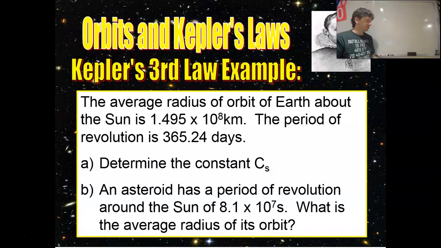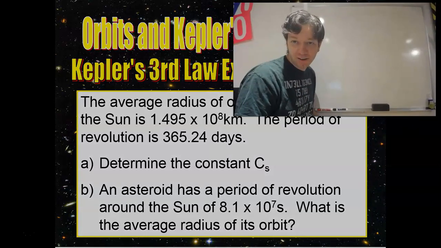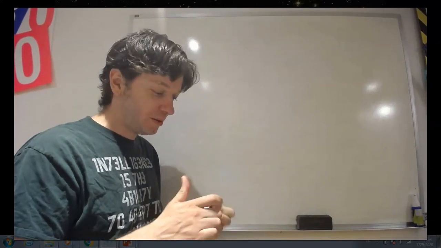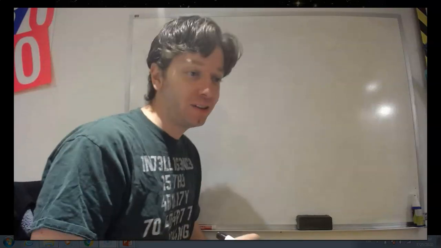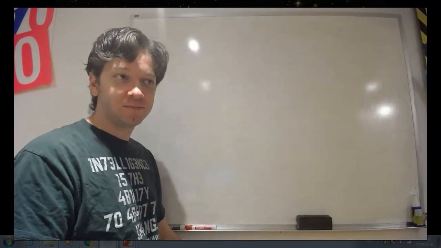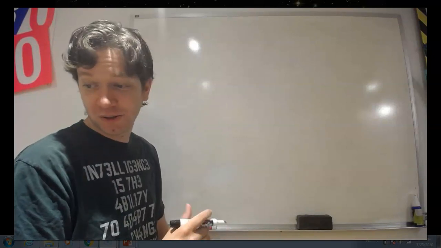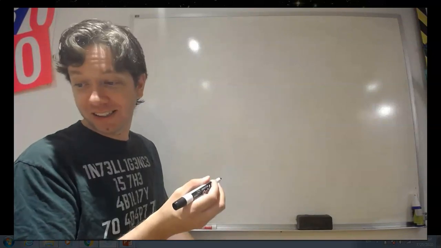Okay, so we're going to use Kepler's third law. It's not too hard. It's actually quite simple. Let me make this bigger. Okay, what I find that most people make mistakes on in this chapter is simply plugging in the big numbers on their calculator. It's easy to make a mistake with such huge numbers on your calculator, and you're about to see why.